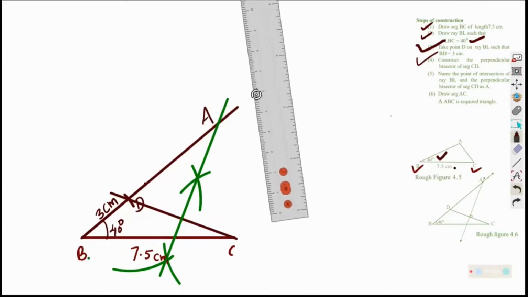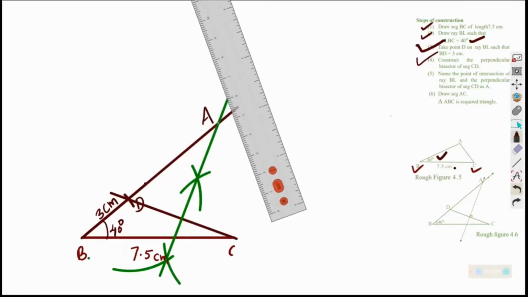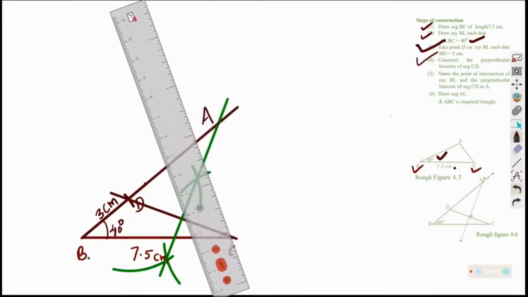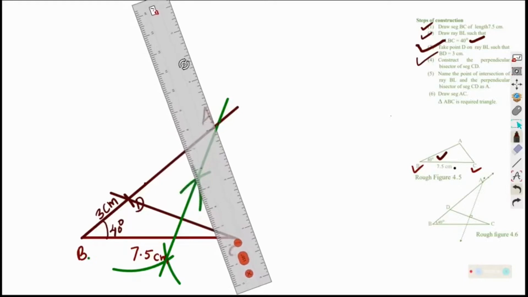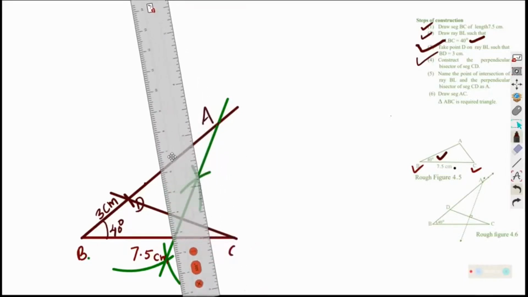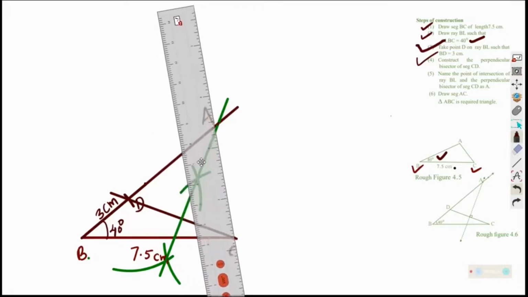Now I have to connect A with C in order to complete the triangle. And the point A is very important here. Let me connect A with C so that the drawing part will be completed. Little bit of patience required in your case also.